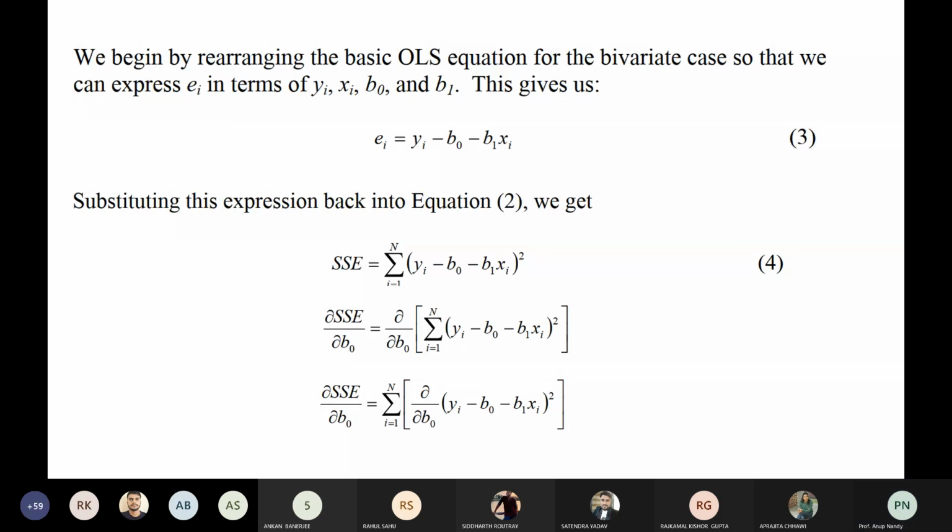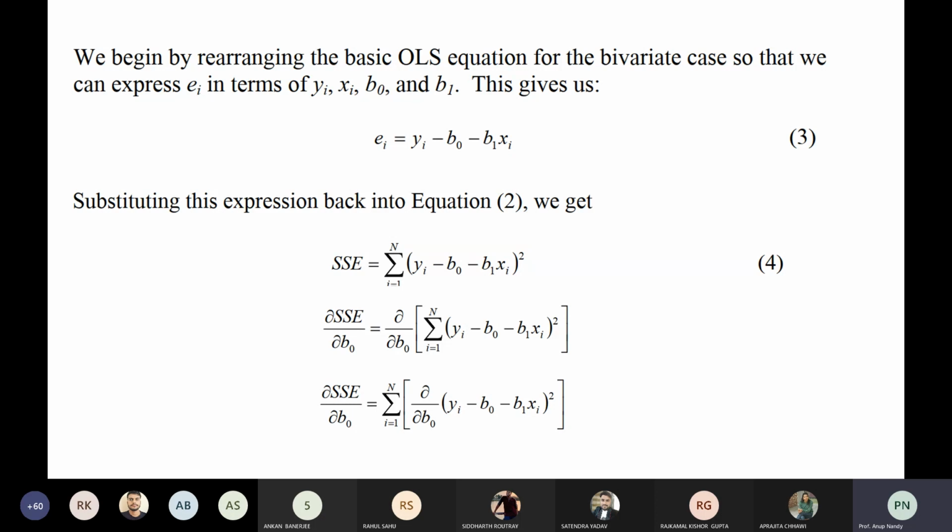Are you understanding? Now it will be very easy to differentiate.